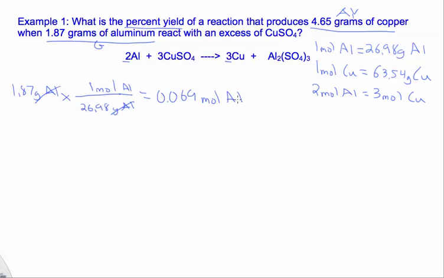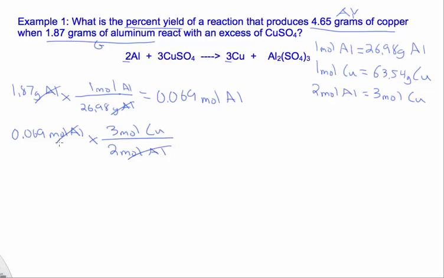Now we need to convert moles of aluminum to moles of copper. And again, I'm rounding here, but I'm leaving all the numbers in my calculator. To convert between compounds, we have to use the mole ratio. So if I want to cancel out moles of aluminum, I have to put 2 moles of aluminum on the bottom. And I want to get moles of copper, so 3 moles of copper on top.